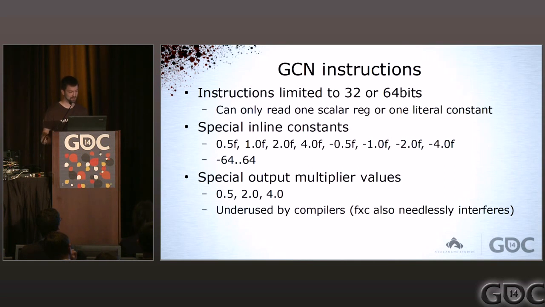There are also output multipliers, which are also useful. This is unfortunately quite underused by compilers, but it is something that, at least theoretically, is very useful for a lot of cases. There are some cases where the compiler actually does use this.